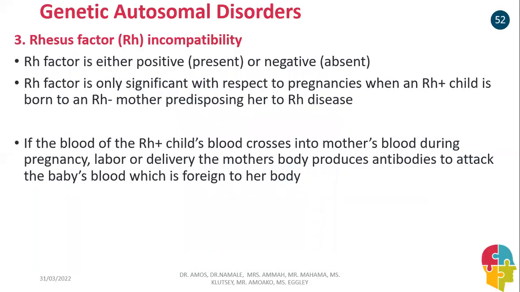Then we have Rhesus factor incompatibility. When you see your blood group, you notice that in writing it, they attach either a positive or a negative sign to it. The positive or the negative sign actually refers to the RH factor.